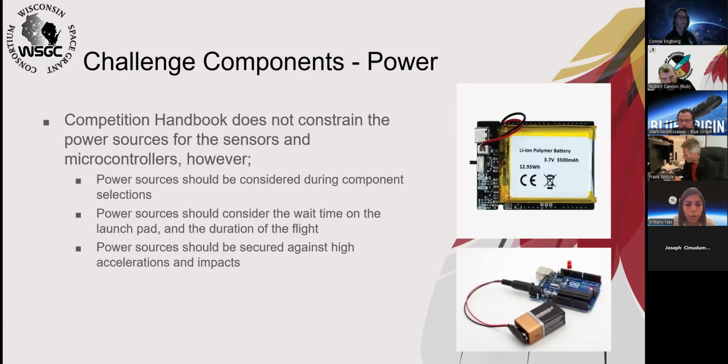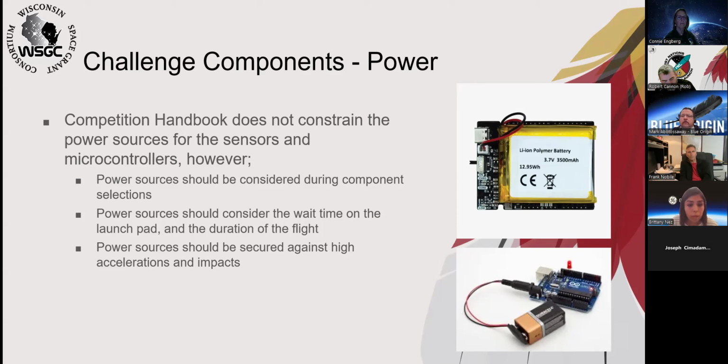And then for power, again, we don't call this out in the handbook, but it is something that you guys should be thinking about: whether or not you want to have your power sources be remote, and you can run it from Bluetooth. You want to test ranges for duration of battery life as well as range of distance to be able to turn on your battery power.